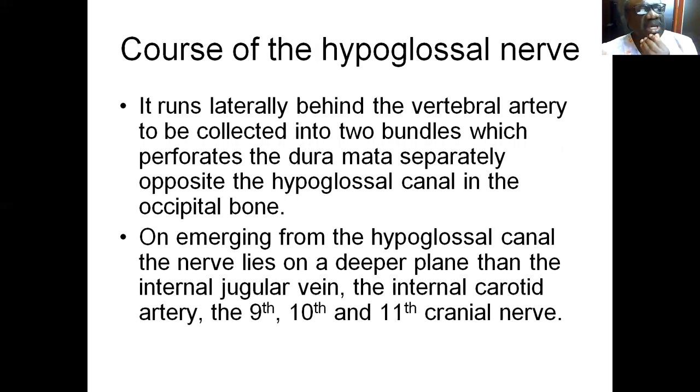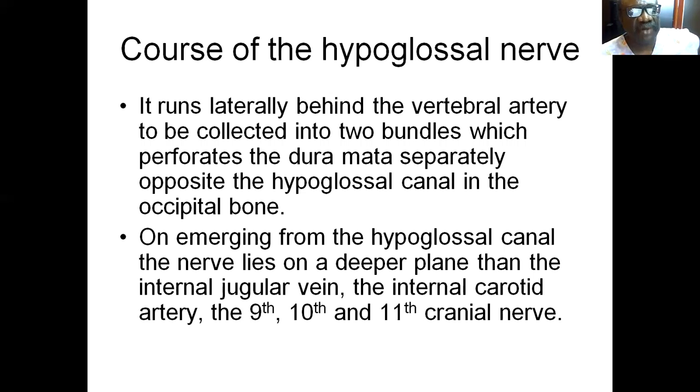Now, as we dealt with the course of the glossopharyngeal nerve and the course of the accessory nerve earlier on, we'll talk about the course of the hypoglossal nerve. It runs laterally behind the vertebral artery, as I mentioned earlier on, to be collected into 2 bundles which perforate the dura mater separately opposite the hypoglossal canal in the occipital bone.